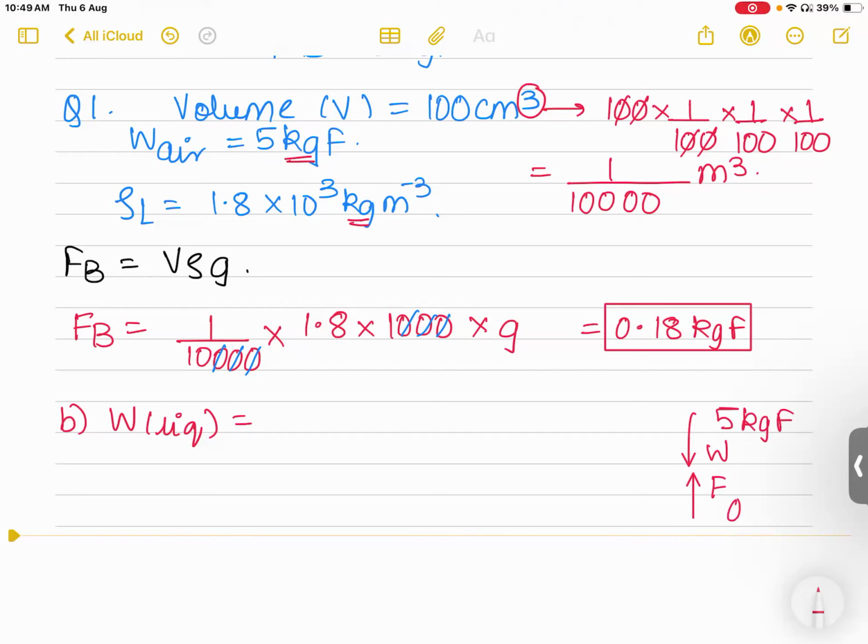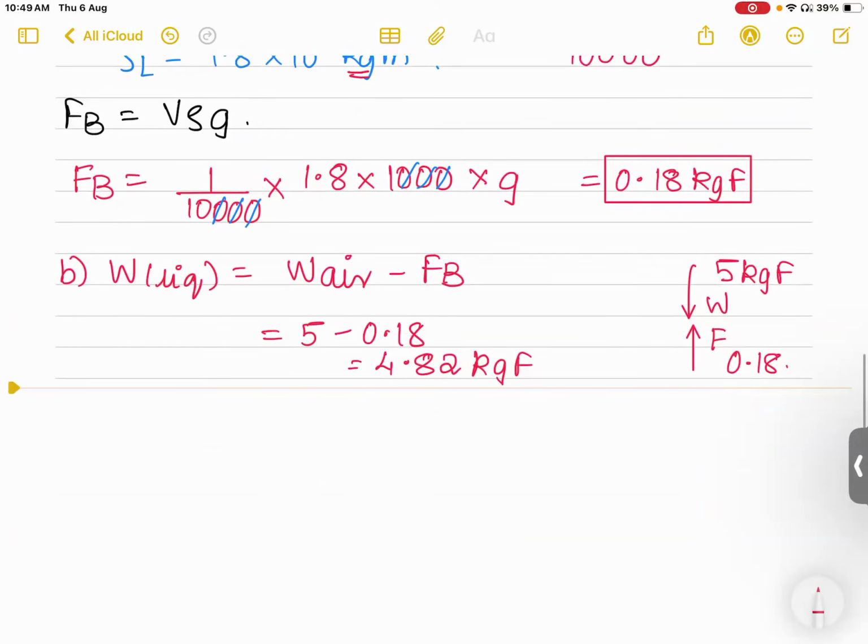FB, which is going to push it vertically upwards, is 0.18. So when you subtract both of them, you will get the weight in liquid. That is weight in air minus FB, which is 5 minus 0.18. When we subtract this, we get our answer as 4.82 kgf. This is my question number one.